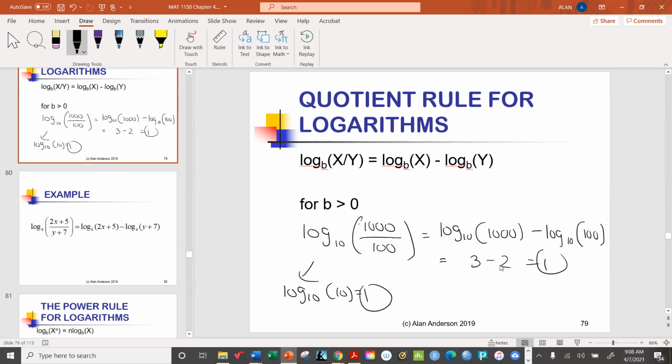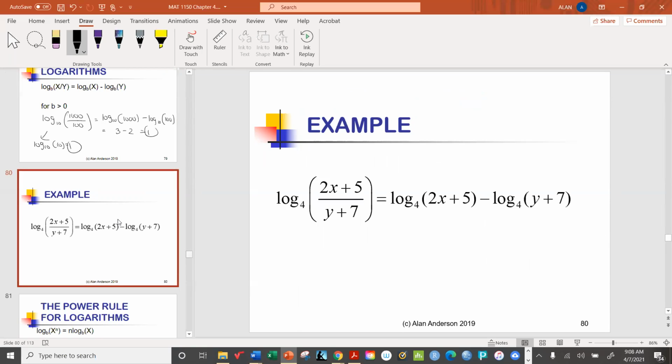All right, so how about this one? No matter what the base is, this is the same as the log of the numerator minus the log of the denominator. Now, of course, we can't actually solve these without knowing the values of x and y, but this is what they're equal to.